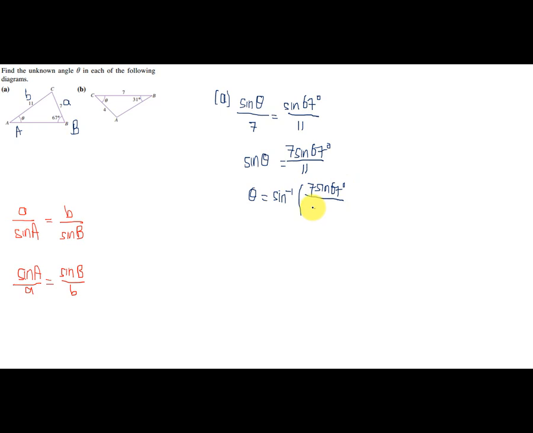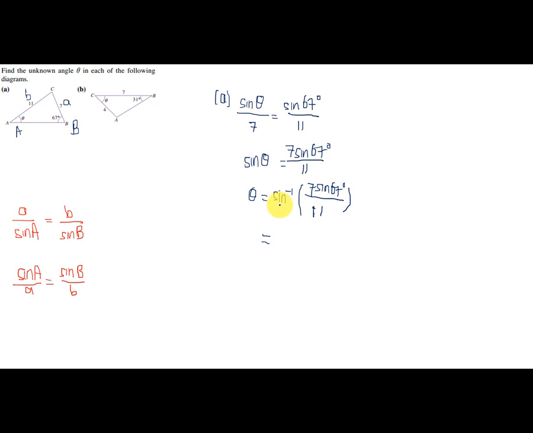Okay, basically sine is a function, we cannot cancel off just like that. So take the inverse. Okay, so I believe right now you should have seen the pattern why this form of sine rule is simpler to find angles.